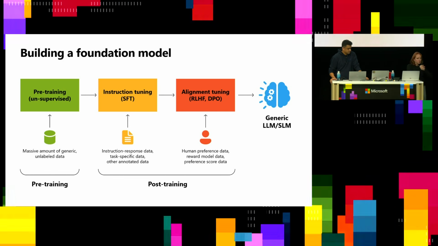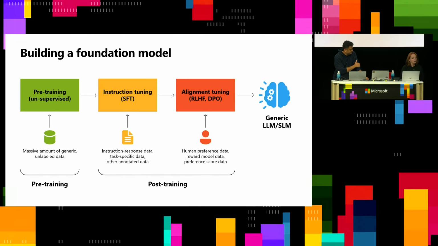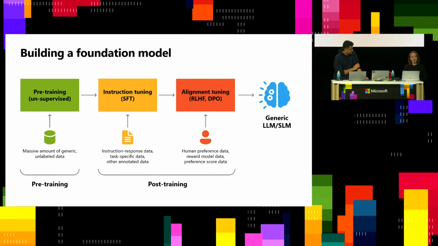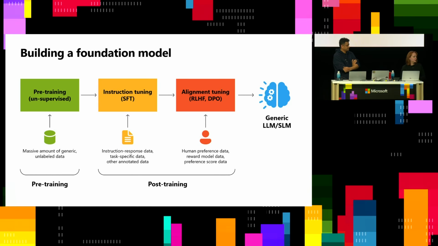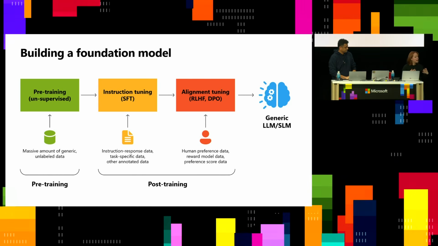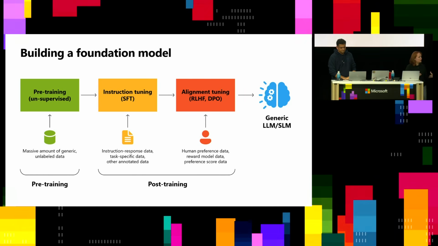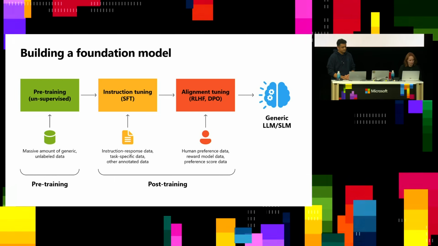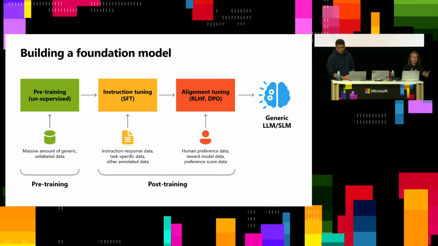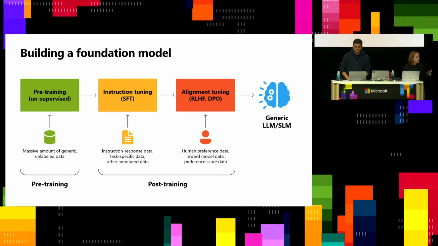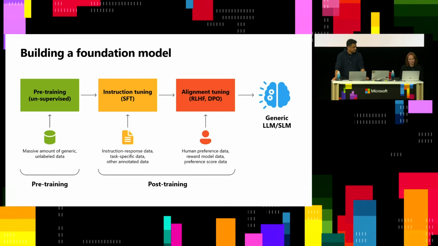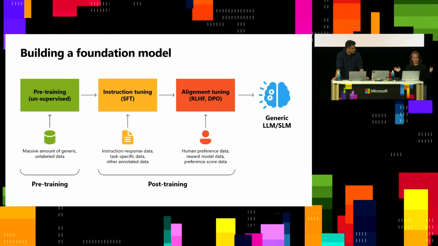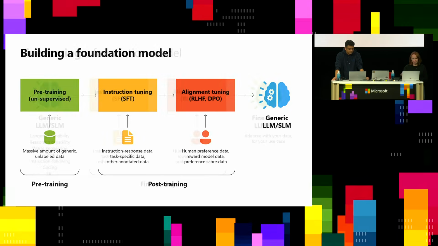So I've got one word, what's the next most likely word? Once you've got that, you often use instruction tuning, where you give prompt-response, task-specific data to teach the model how to respond. The final step is alignment tuning, where you give the model human preference data and reward models to steer how you want it to respond. You put these three steps together, you get your frontier model.